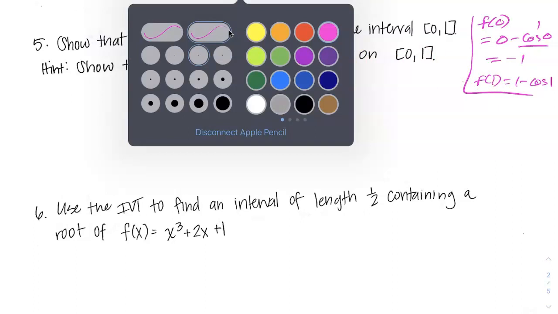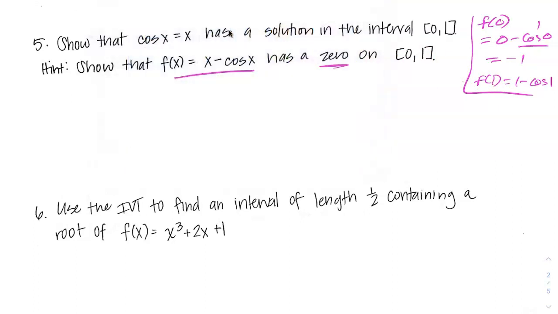So let's do what we normally do. We'll show this is continuous. How do we do that? Well, it's a difference of two continuous functions. We have a linear function that's continuous, and we have a trig function that's continuous. Cosine is always continuous.